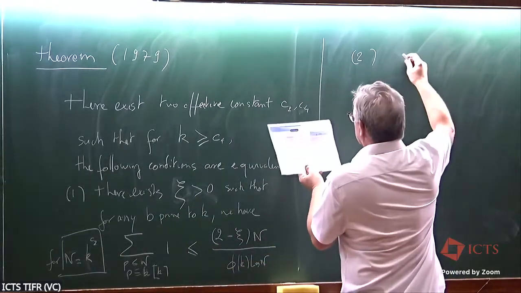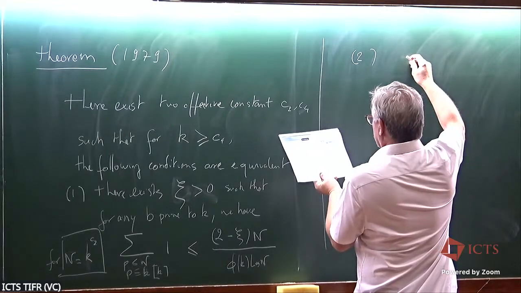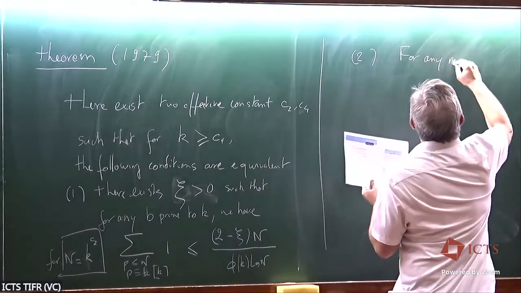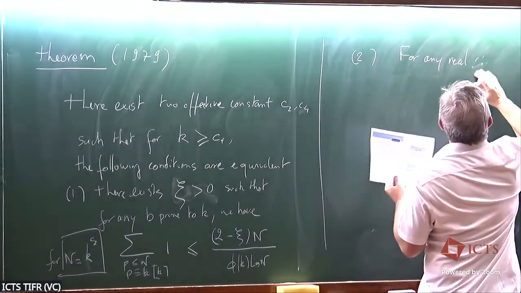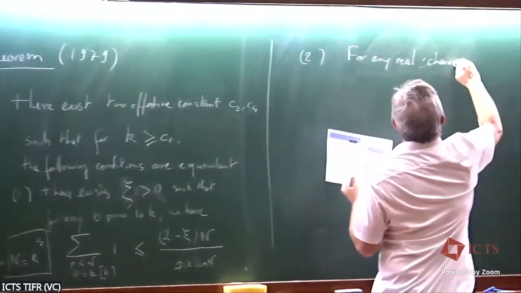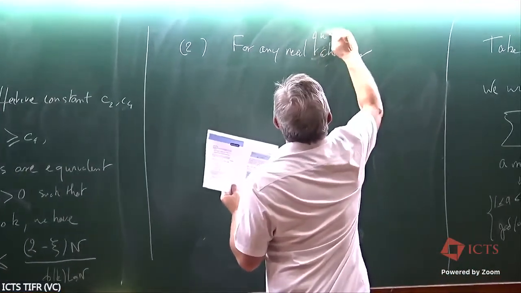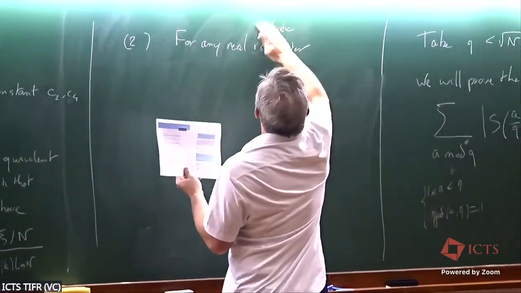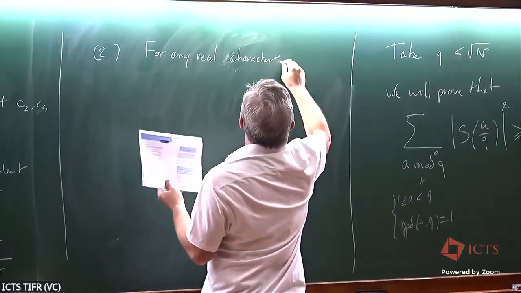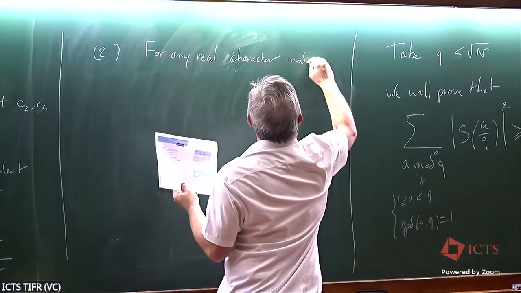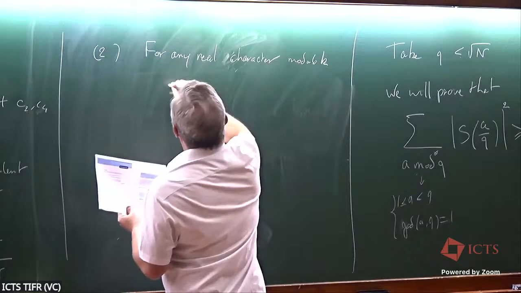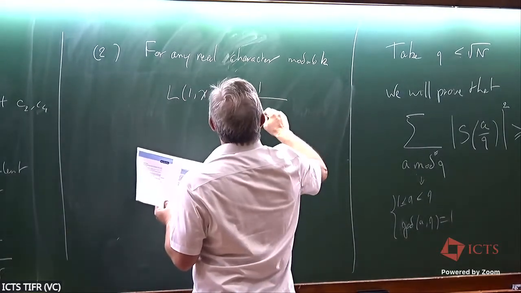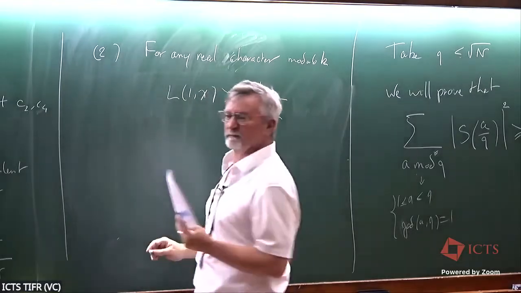Then you have for any real character, quadratic character, sorry, anyway, for any character modulo K, L(1, chi) larger than 1 upon log K.